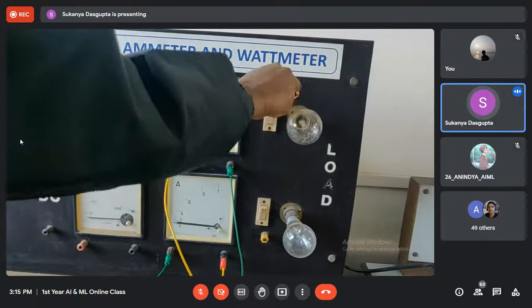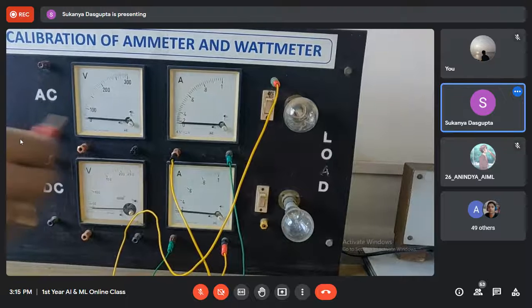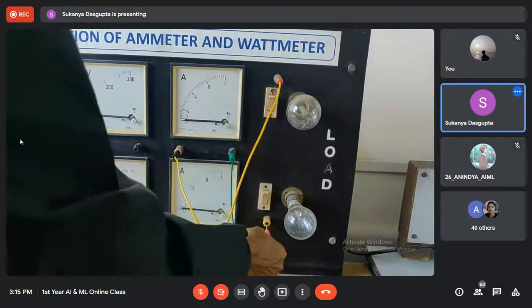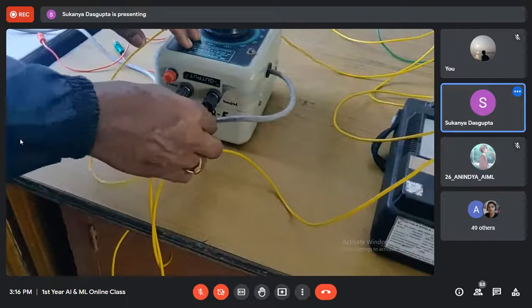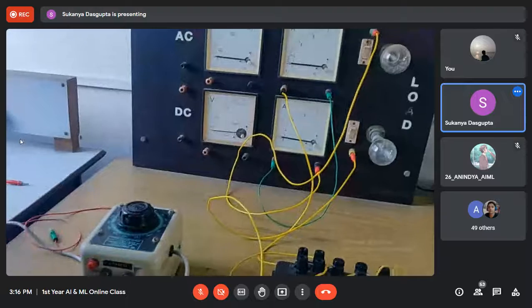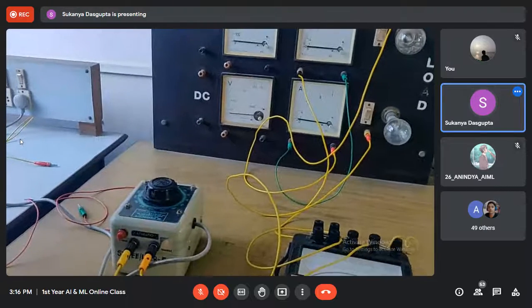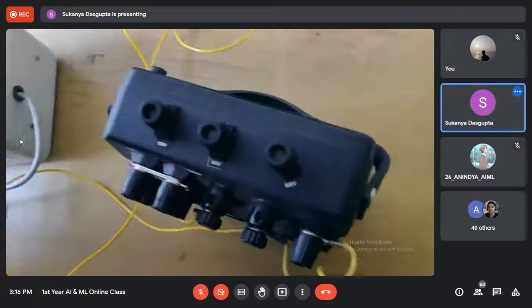Submitted to load and load. Then that's neutral. Wattmeter voltage coil of phase.